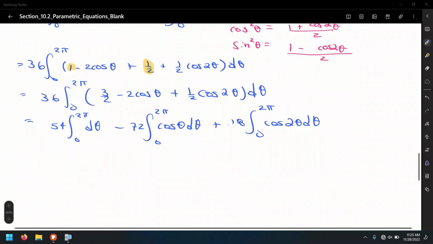The integral of d theta, what's that? Theta, right? The integral of cosine is sine, times minus 72 sine theta, plus 18. What's the integral of cosine 2 theta? Careful with that one. Negative.